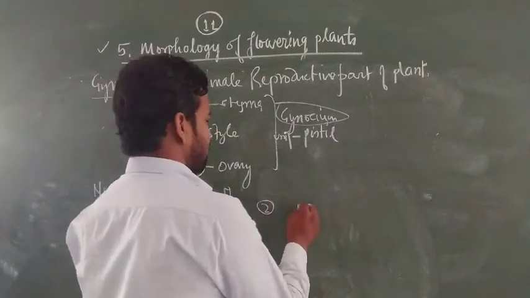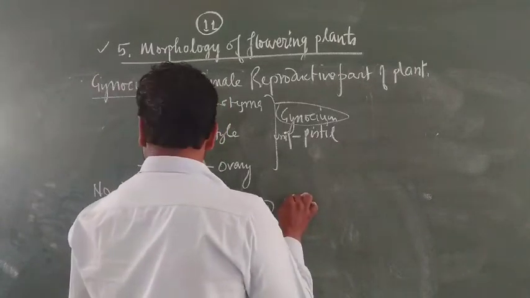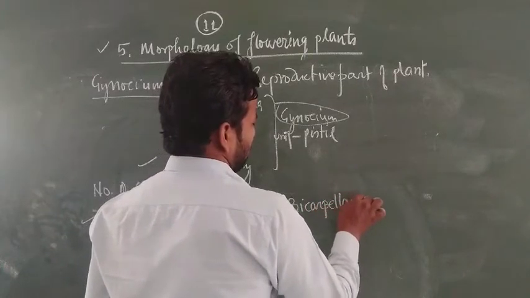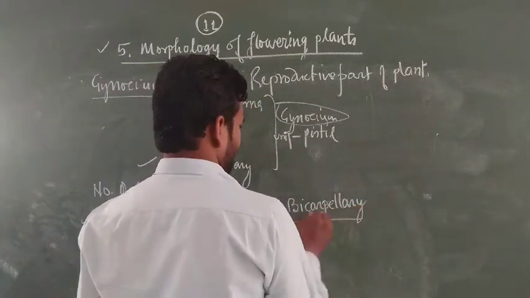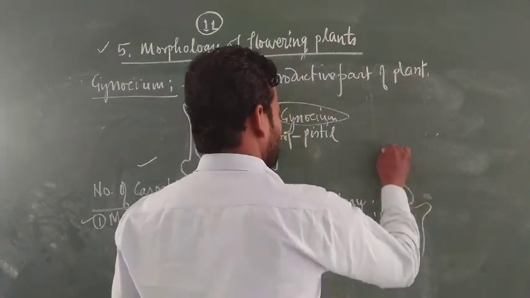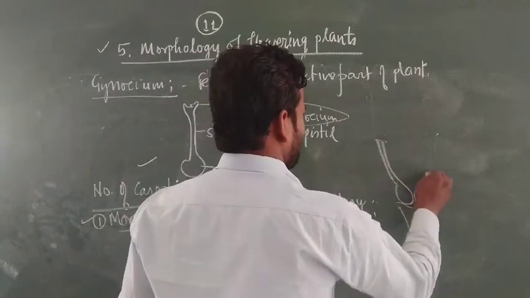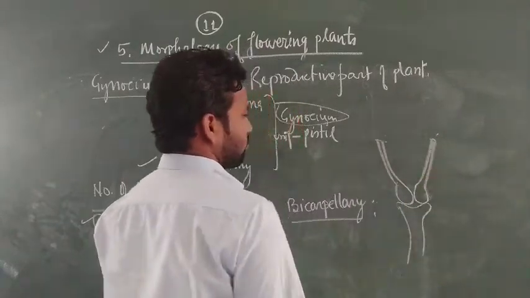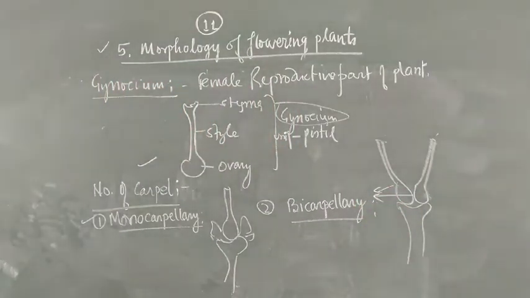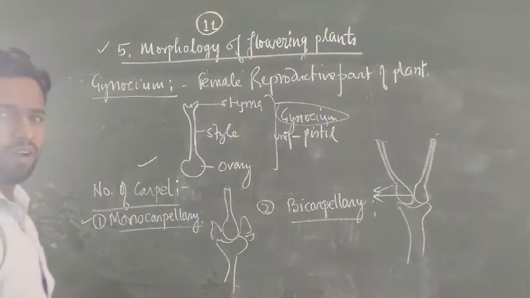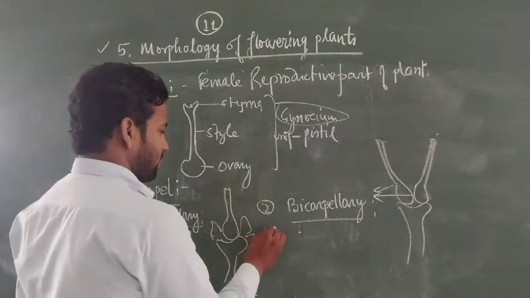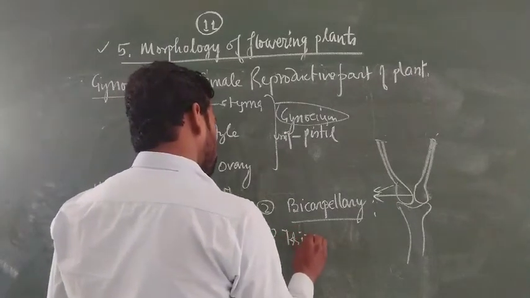Second, if a flower bears two carpels, this situation is called the bicarpellary condition. Similarly, tricarpellary, tri means three carpels are present.